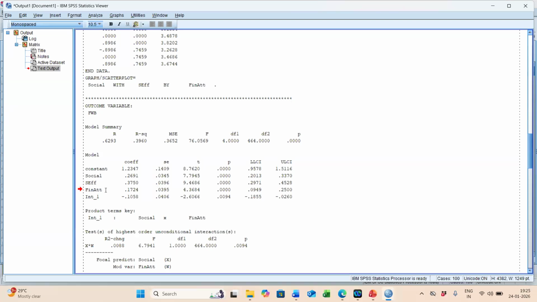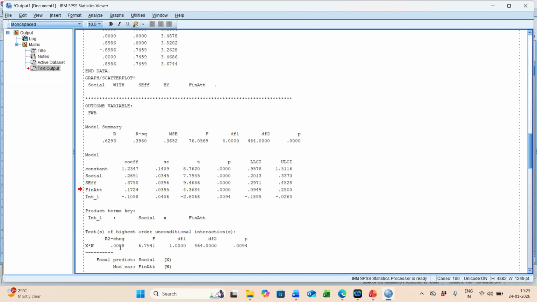Financial attitude is significant too, and the interaction of attitude and the moderator variable, socialization, is significant.